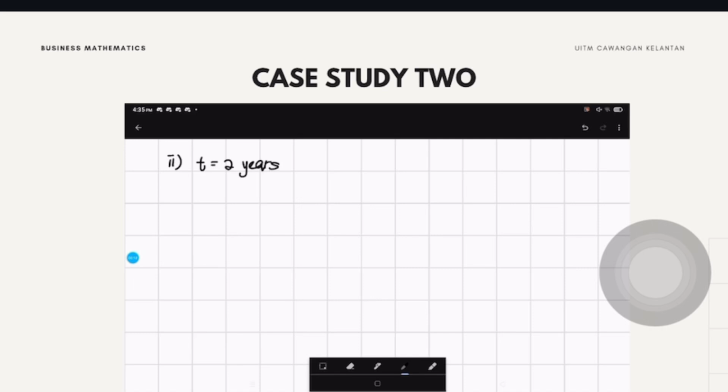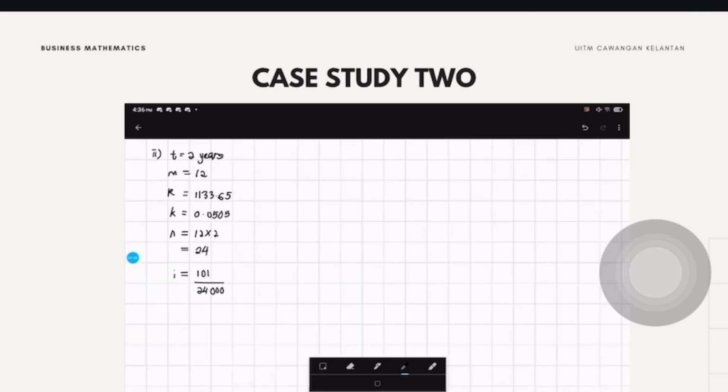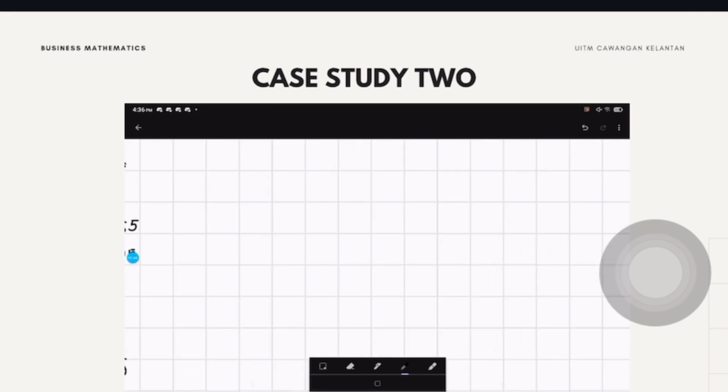For this question, T equals 2 years, M equals 12, R is 1133.65, K is 0.0505, N is 24, I is 0.0505 over 12. This question, we also use the present value formula.